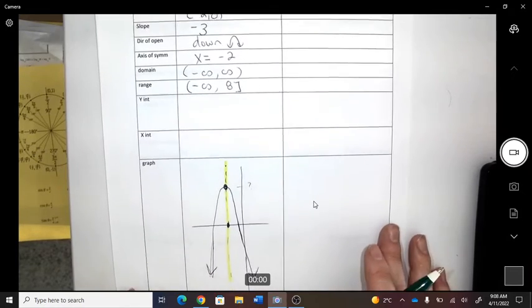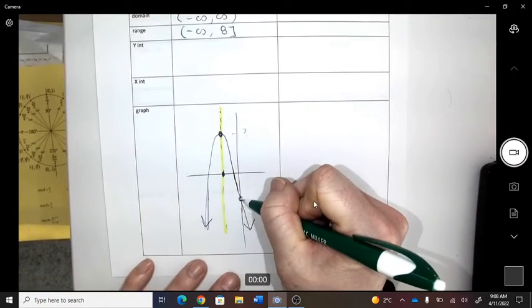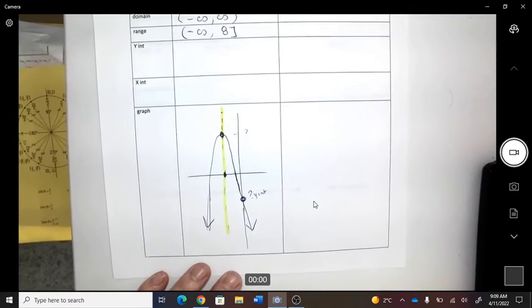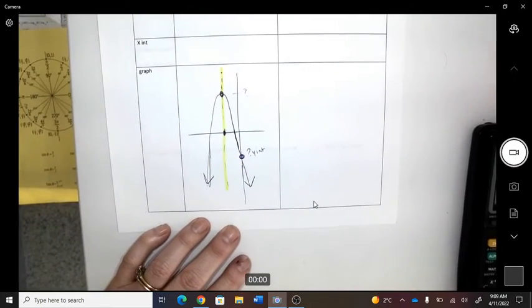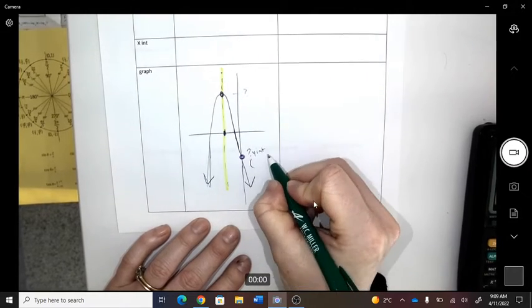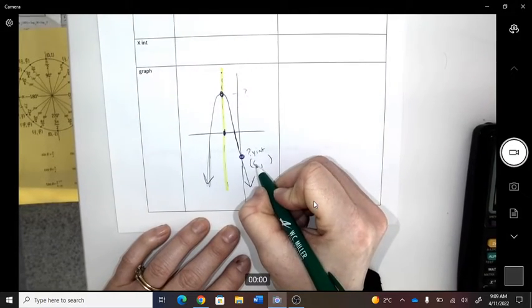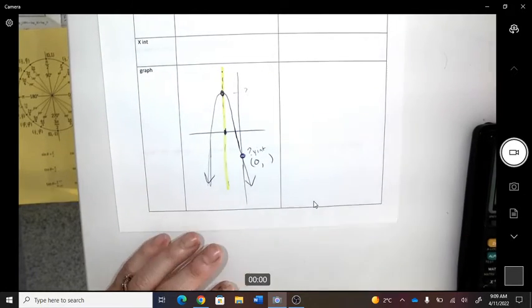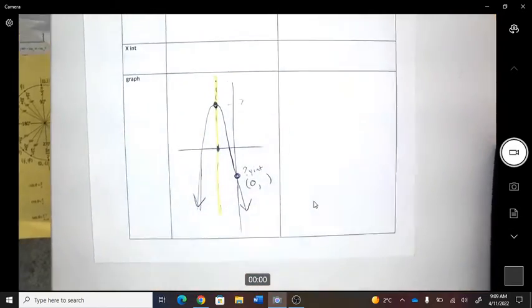Okay, Y-intercept. So the next thing I want is this coordinate. So the Y-intercept, what do I already know? I know that it's going to have a 0 for the x. So how do I tell my calculator to do that?